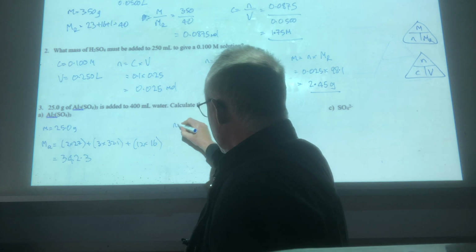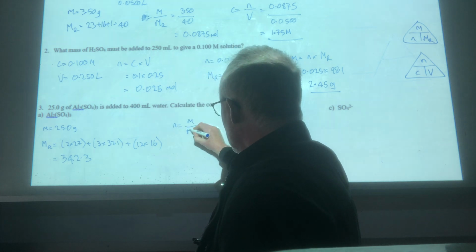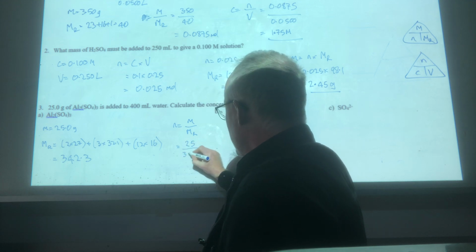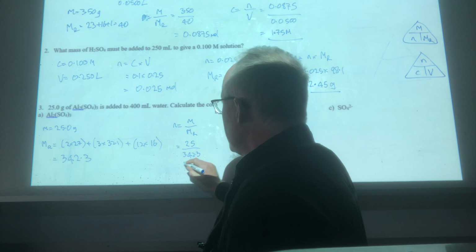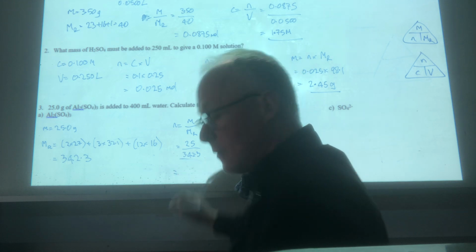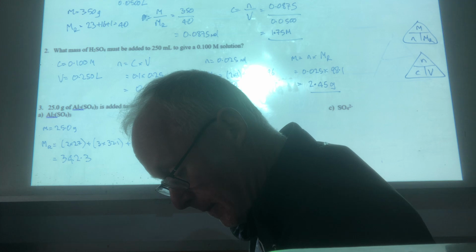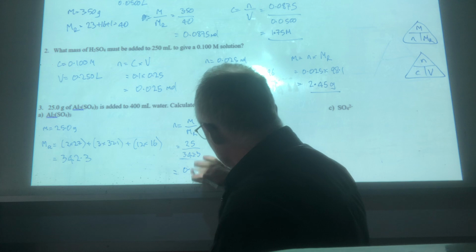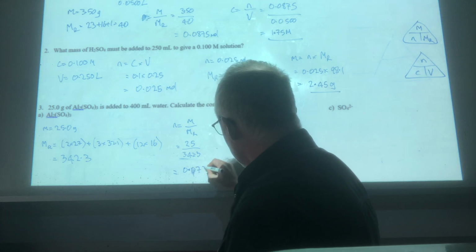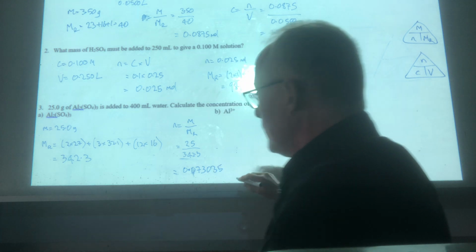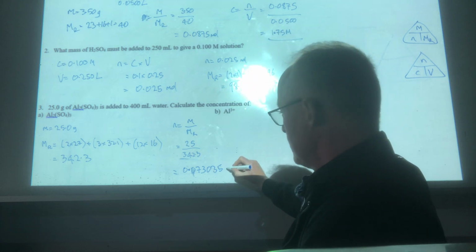So number of moles equals mass divided by molar mass. 25 divided by 342.3, which equals 0.07335. Few extra digits there to avoid rounding off errors.